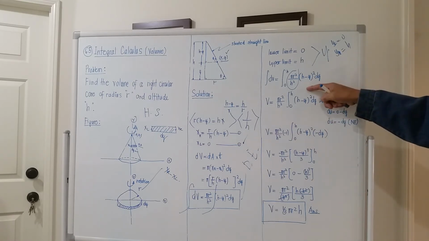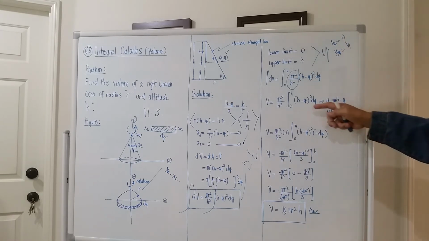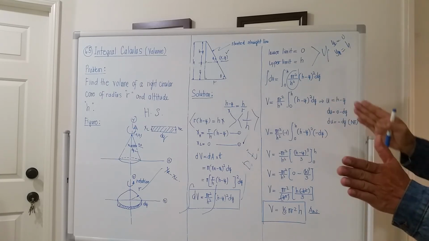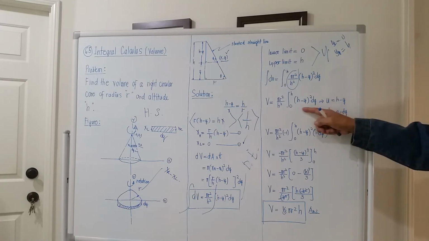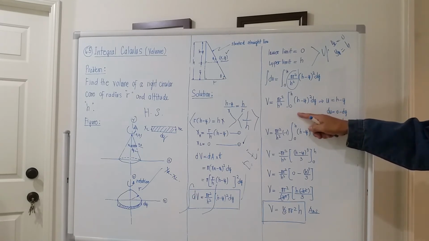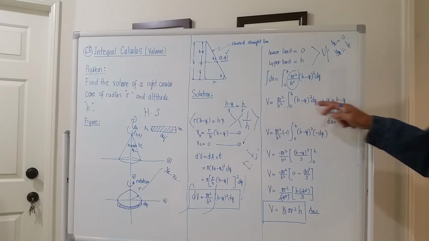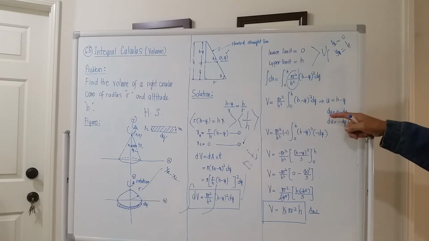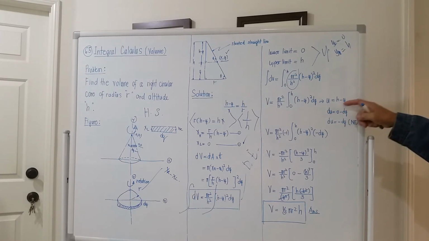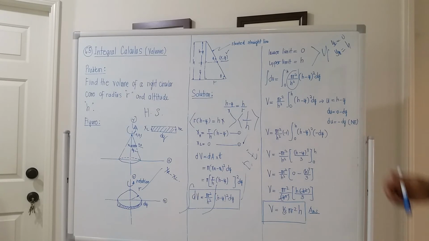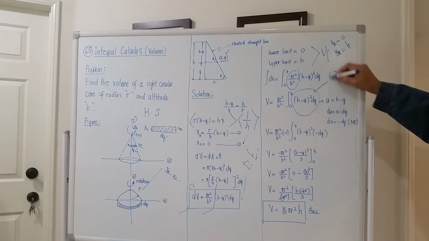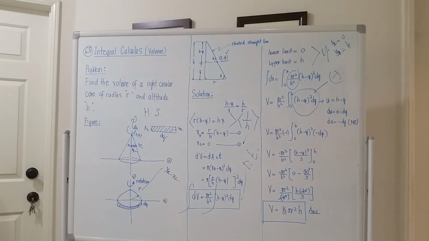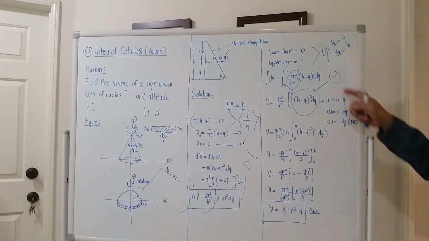You could expand this before integrating, or integrate now, but we must verify something. Here it falls under the power formula. The value of u is the one inside, so u is h minus y. du is 0 minus dy, or du equals minus dy. It is almost exact, except for the negative sign.